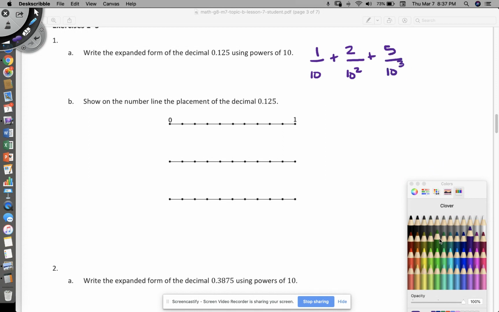Now let's start building our diagram here. Our first number is a 1. So that would be 0.1 right there. Now 0.1 will be the beginning of my next number line. And this is 0.2, which is the very next one. So 0.2 will be over here.